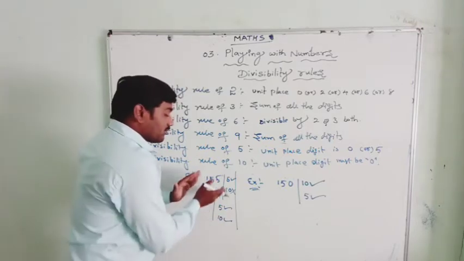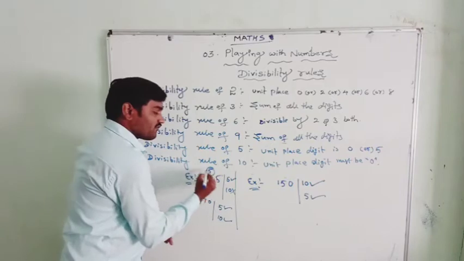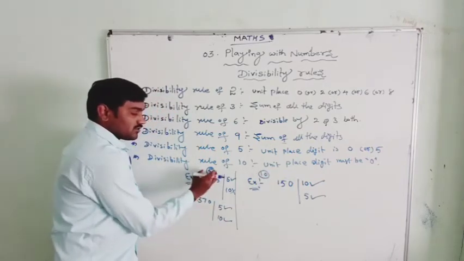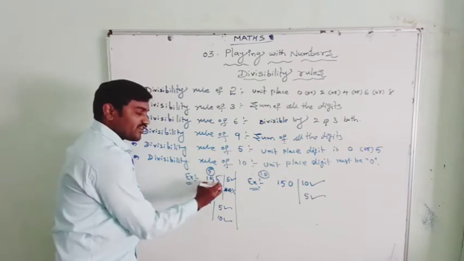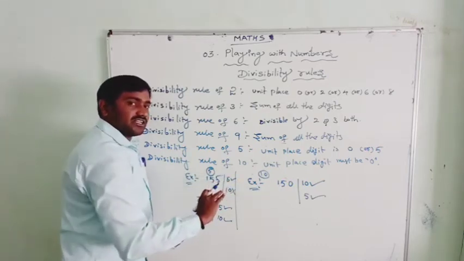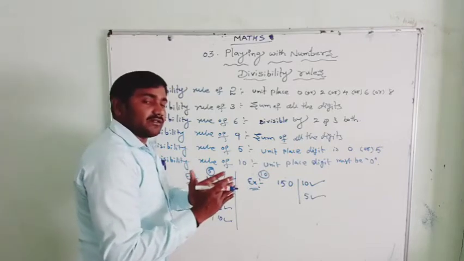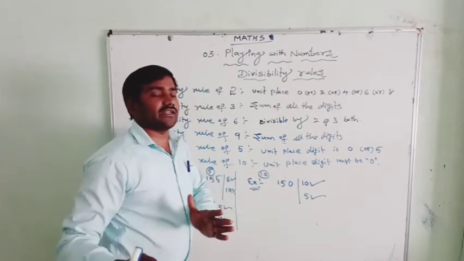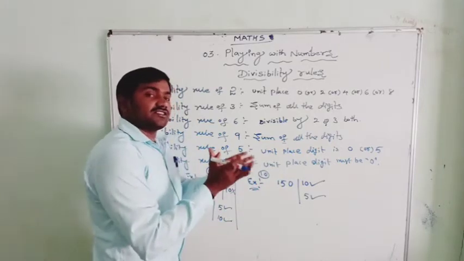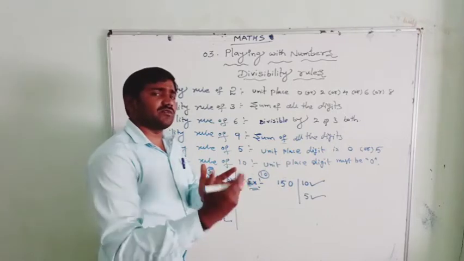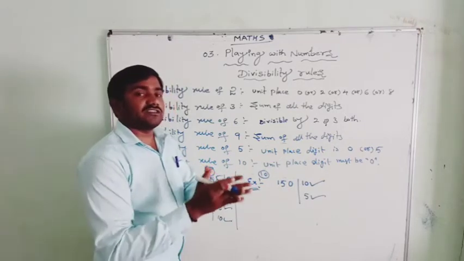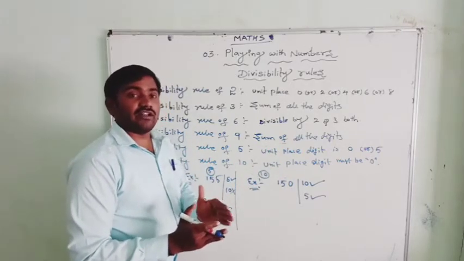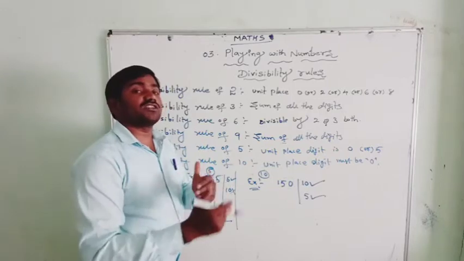But in the divisibility rule of 5, see this 155 is divisible by 5, yet there is no rule that if it is divisible by 5, it must be divisible by 10. No. So if a number is divisible by 5, we have to check whether it is divisible by 10 or not. It will be divisible when the unit place is 0, and it will not be divisible by 10 when the unit place is not 0.